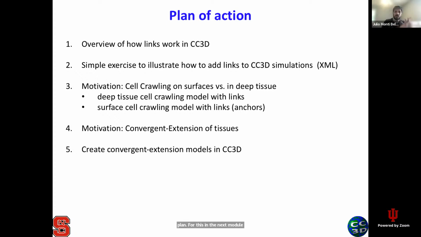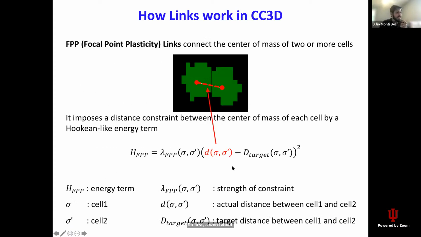So first, a word about links, okay? Links is basically adding a spring force between the centers of mass of two cells in CompuCell. This is done using the FPP, or focal point plasticity, plugin, okay?